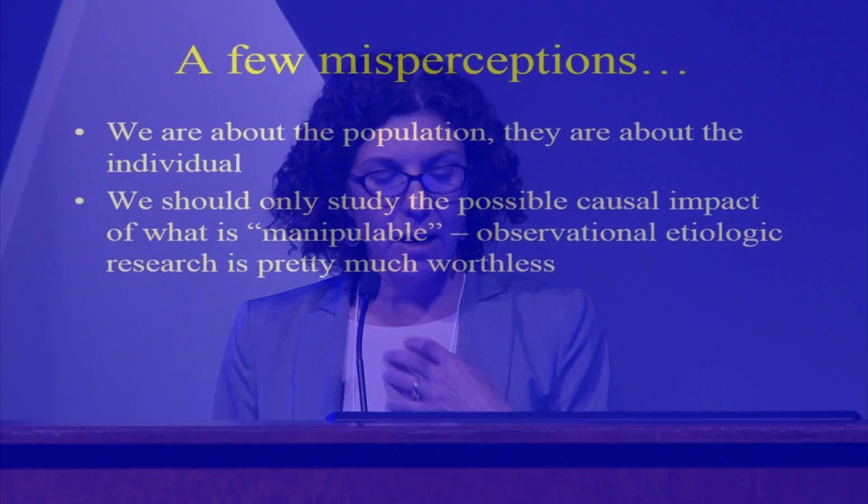I think there are a few misperceptions that we should overcome, at least in my view. The idea that we're about the population and they're about the individual is not the case. We're about the individual and the population, and research should encompass that.